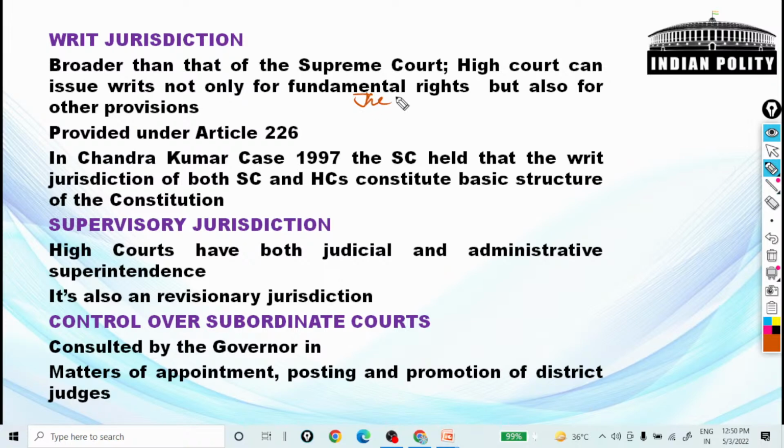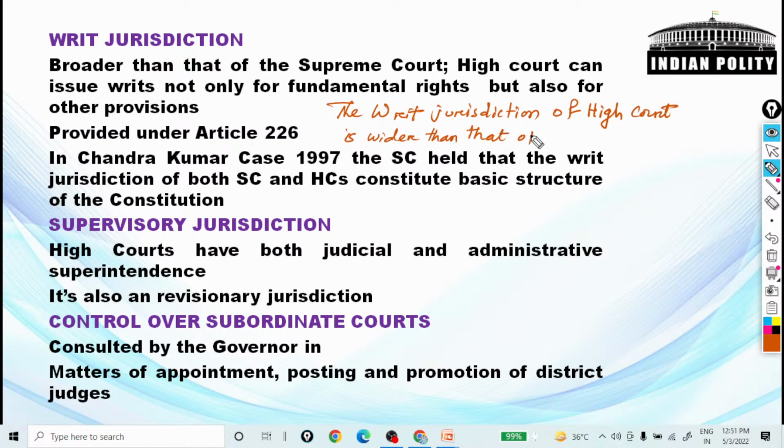The writ jurisdiction of the High Court is wider than that of the Supreme Court.